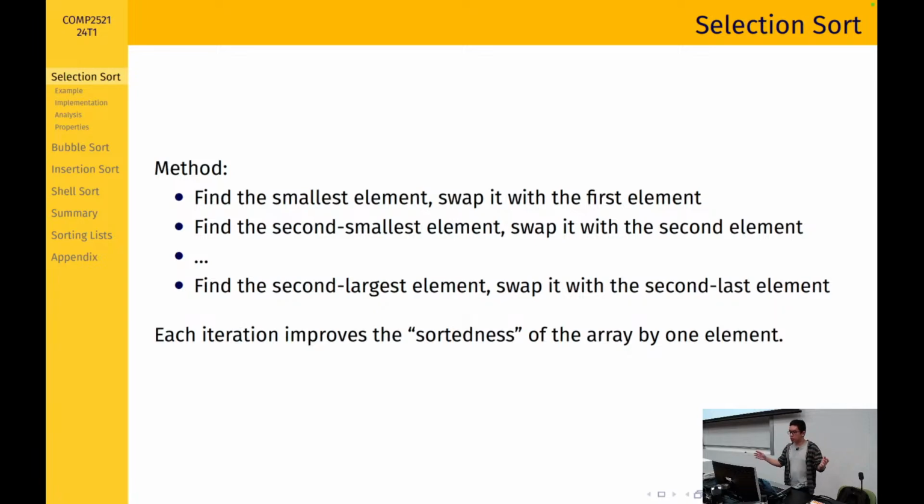In the second iteration, you find the second smallest element in the array, and then you swap it with the second element, and that guarantees that that element is in the right place now. Then you find the third smallest element, swap it with the third item, and so on, until you've gone through the entire array, and everything is in its correct place. Each iteration is going to improve the sortedness of the array by 1 element.